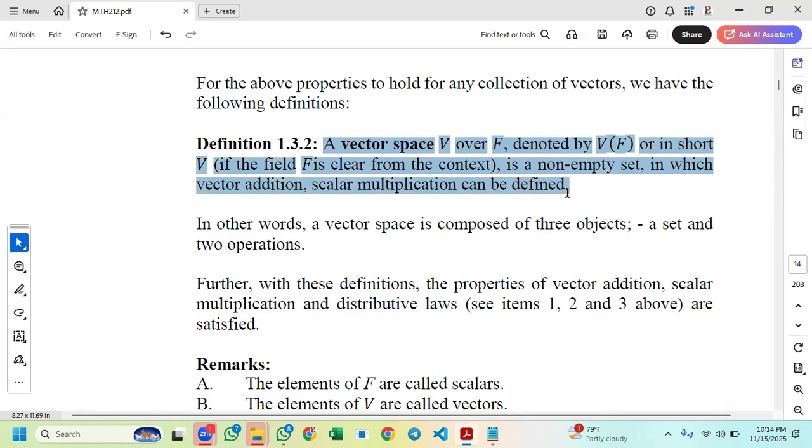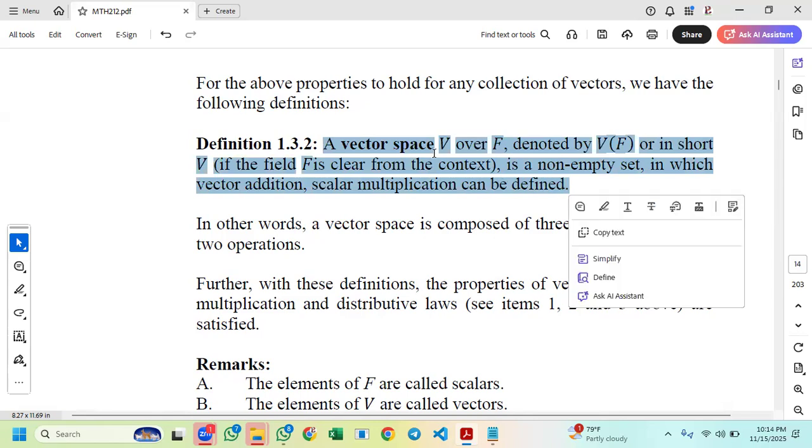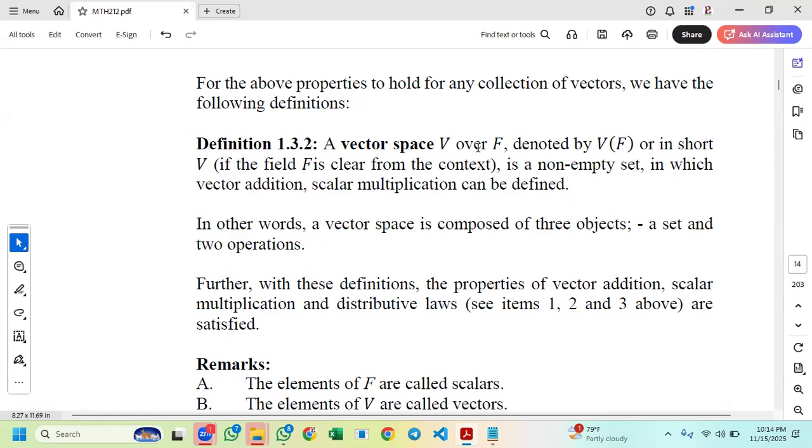But for the sake of the exam, please try to know that once you see a phrase like 'V over F, denoted by V(F), or V if the field F is clear from the context, is a non-empty set in which vector addition and scalar multiplication can be defined', you should know that what they're asking you is vector space.